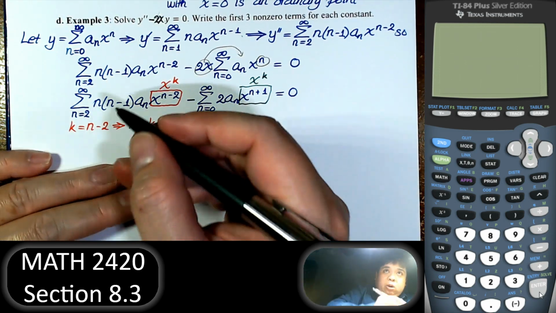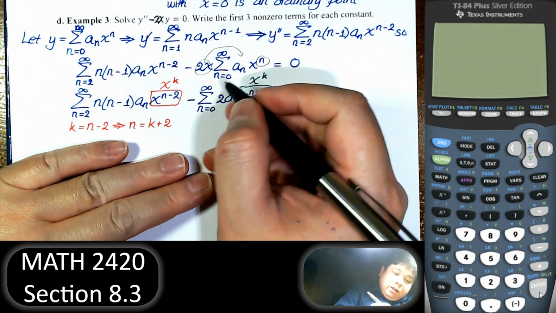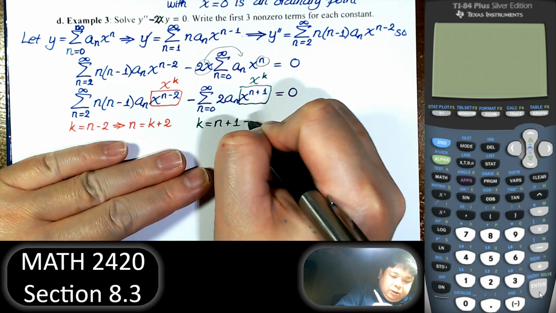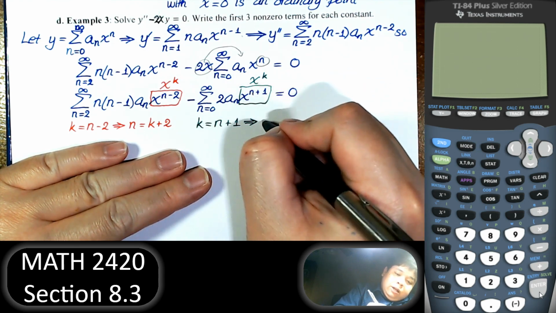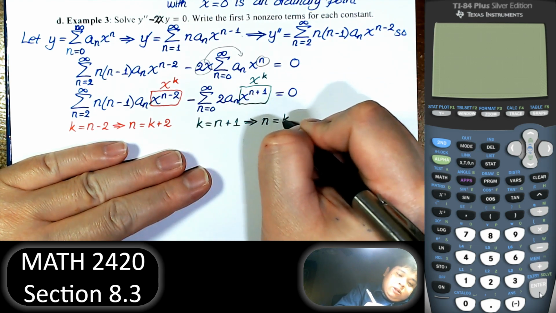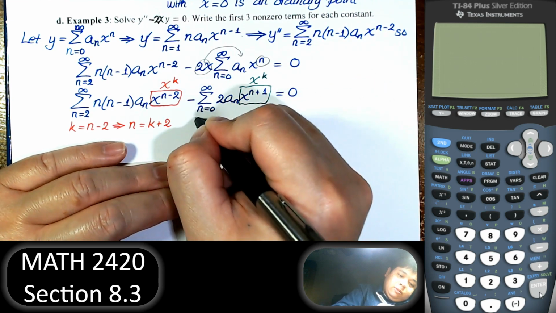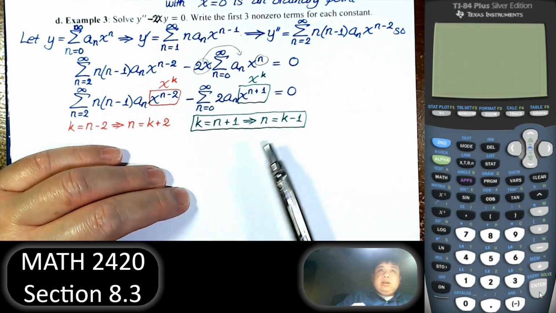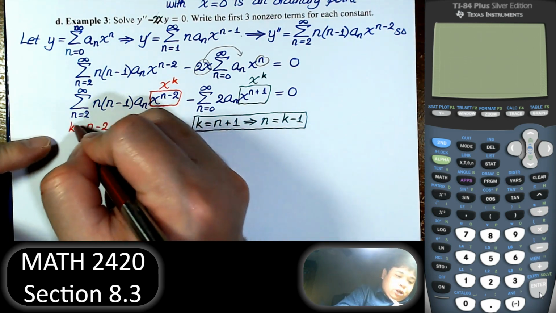The other one we will have k equal to n plus 1, n equal to k minus 1. Right, so we change the index as those two.